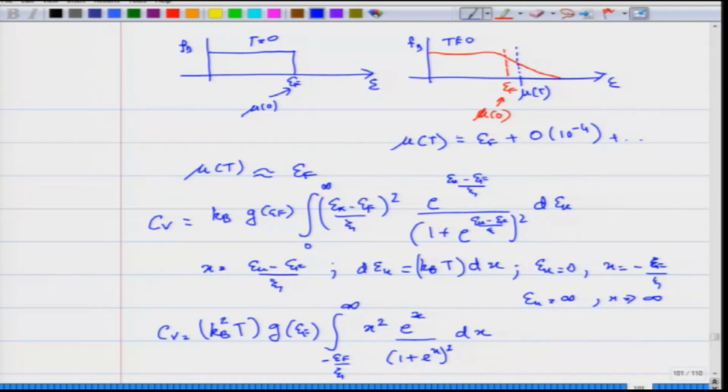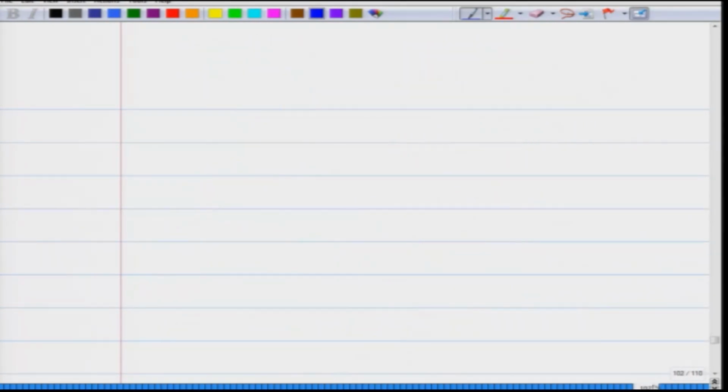What is important to see here is that if you take this negative value to minus infinity, it does not change things too much, because Ef by zeta is of the order of Ef by kBT, which is the Fermi temperature divided by the temperature, Tf by T. This is far greater than 1.